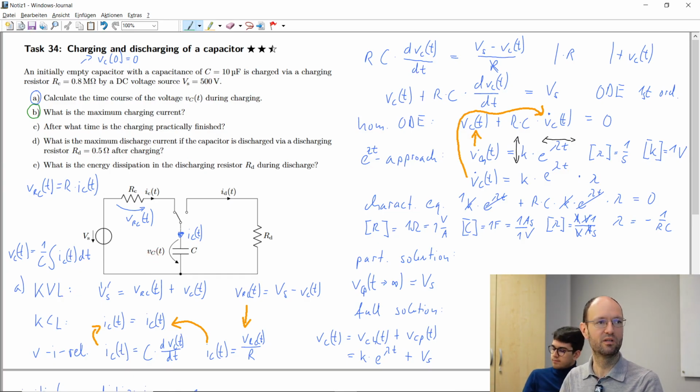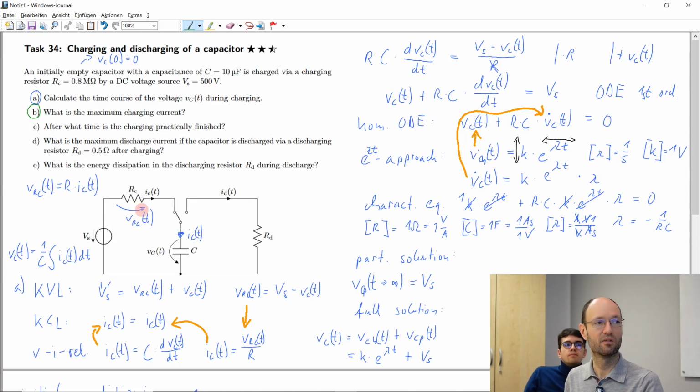It should be at the beginning, because we said towards the end, if this voltage does not change anymore, then the current will be 0. We must have some current somewhere in between, and it's not something that oscillates. So the largest current should be at the beginning.